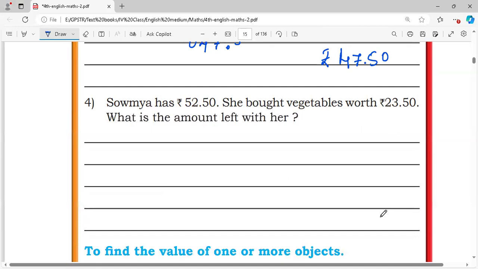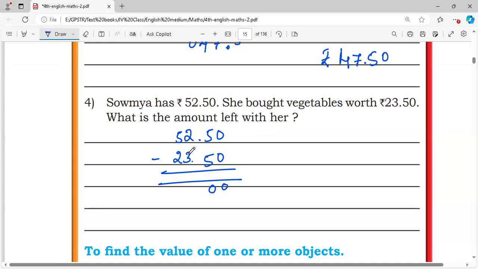Fourth one. Sauma has 52 rupees 50 paise. She bought vegetables worth 23 rupees 50 paise. What is the amount left with her? Subtract 23 rupees 50 paise from 52 rupees 50 paise. 0 minus 0, 0. 5 minus 5, 0. 2 minus 3 is not possible.